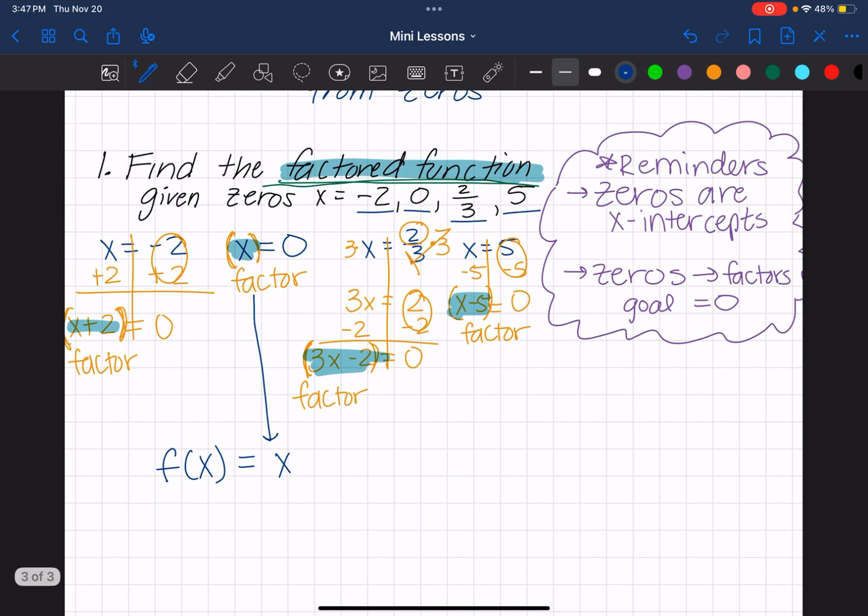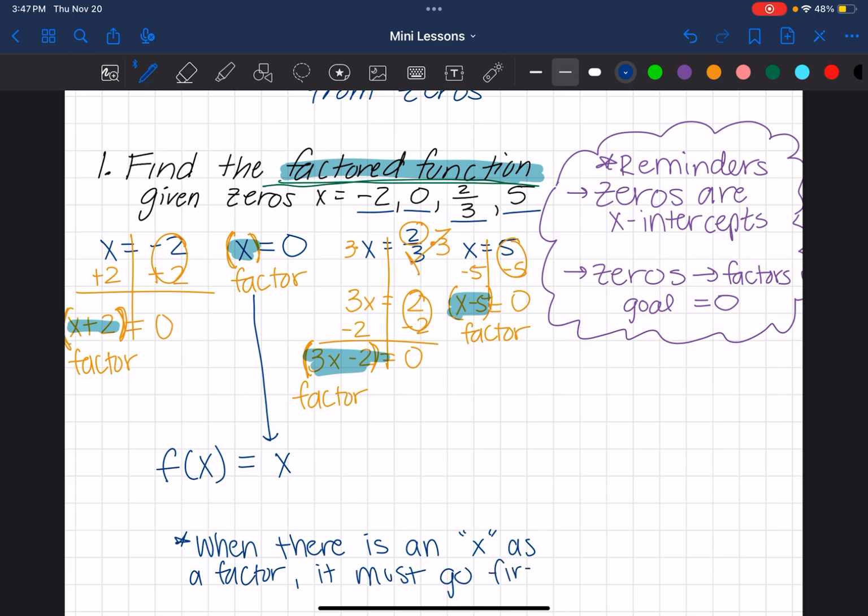So I am going to make a little note as our reminder. When there is an x as a factor, it must go first. Again, this is just to be proper with our answer.